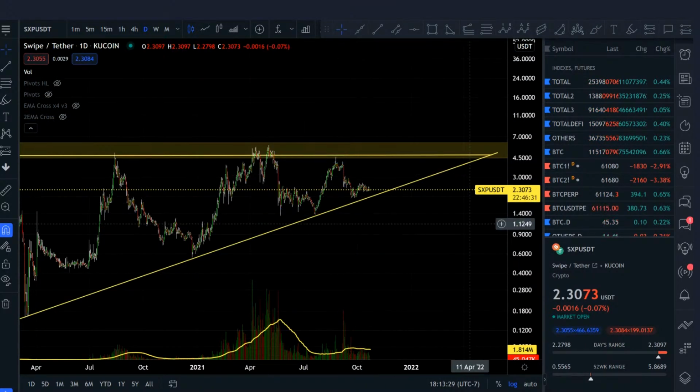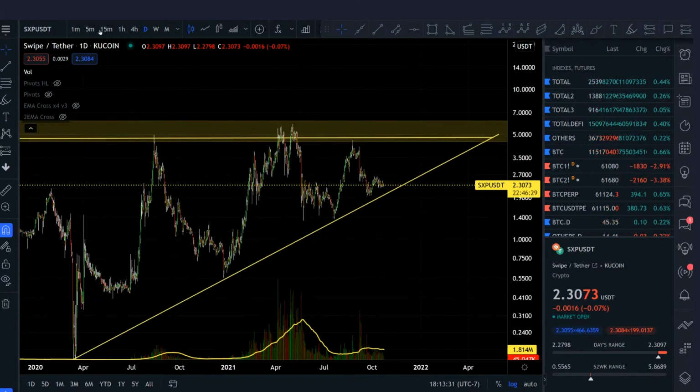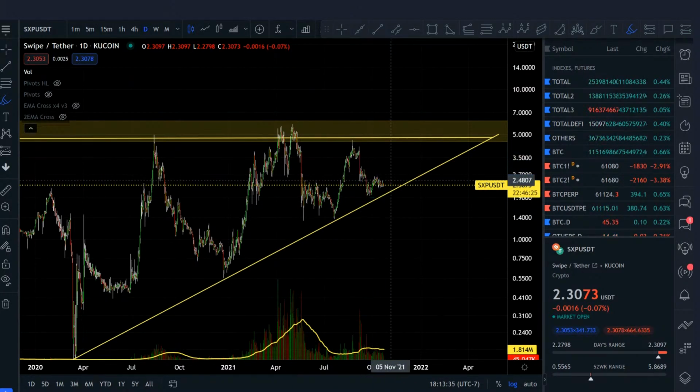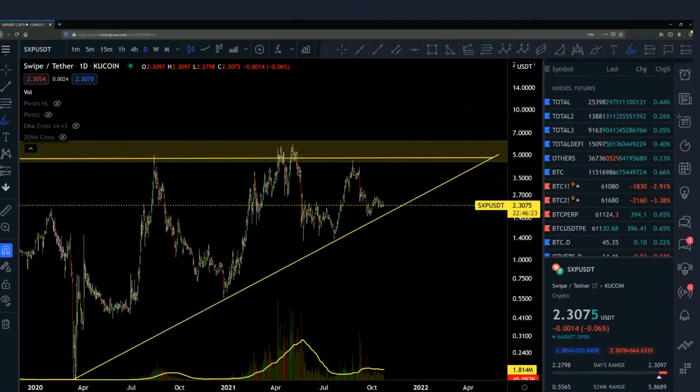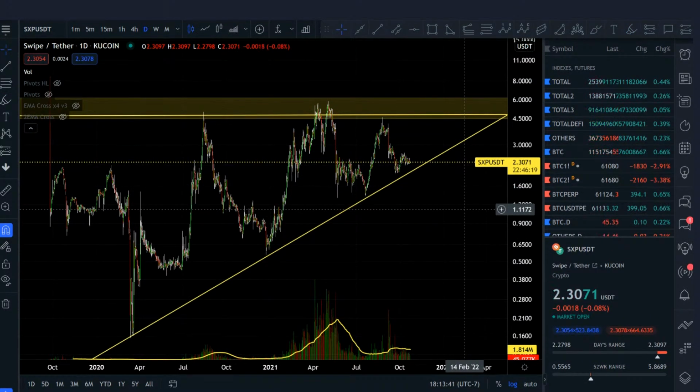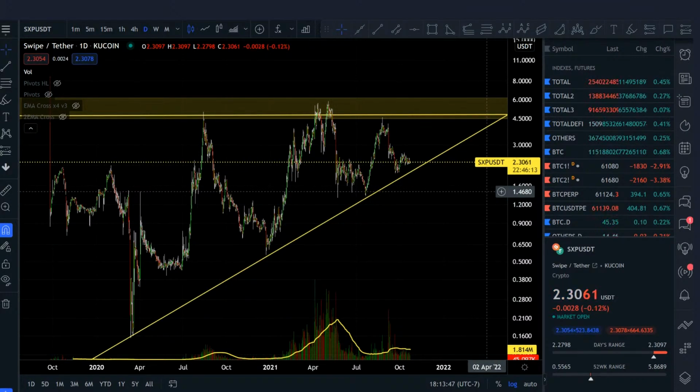Pullback, except this thing is not bouncing nicely. So Swipe is having some issues. It's probably related to liquidity again, because in the USA, I don't know if you know this, for Binance USA and Coinbase USA, there are only like 50, 60, 70 coins that American people are trading.